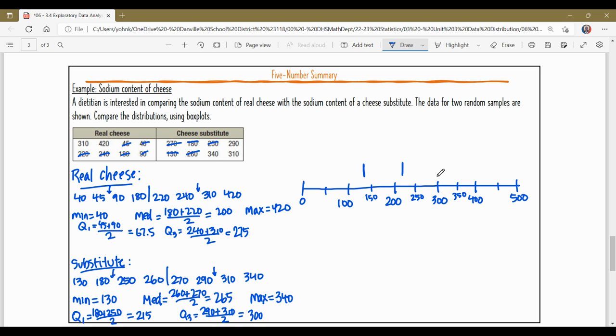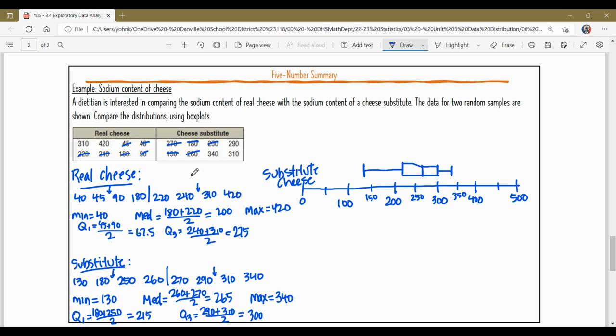The median 265, I'll say right there. Q3 is 300. And the max is 340. Okay, so here is my super straight, perfectly drawn box plot for the substitute cheese.